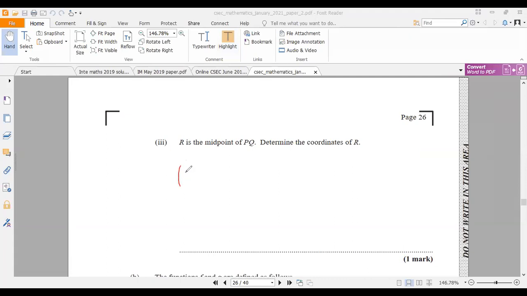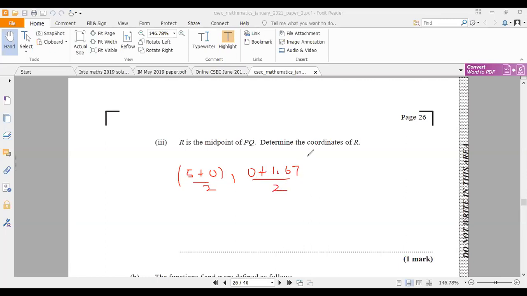Quickly, what will I write here? 5 plus 0 over 2, right. Then 0 plus 1.67 over 2.